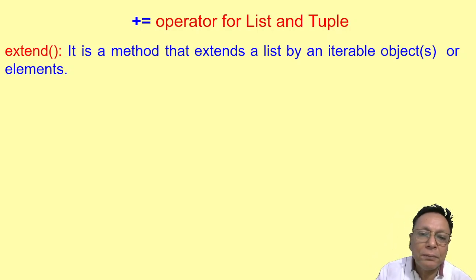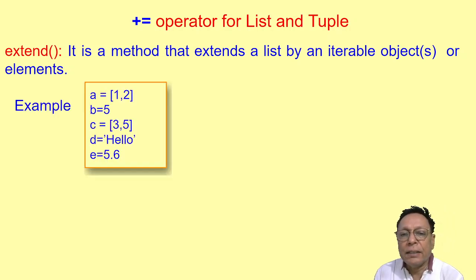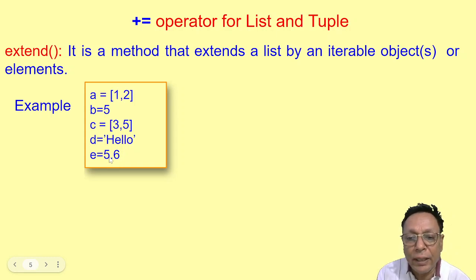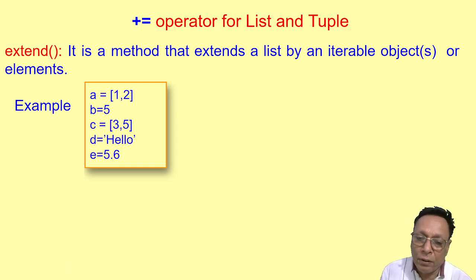See here, an example. Suppose A is a list [1, 2], B is 5. Here [1, 2] is a list, which is iterable, but 5 is immutable and not iterable. C is a list, so it is iterable. Hello is a string, a collection of characters, so it is iterable, but 5.6 is a constant or immutable, and that is why it is a non-iterable object.